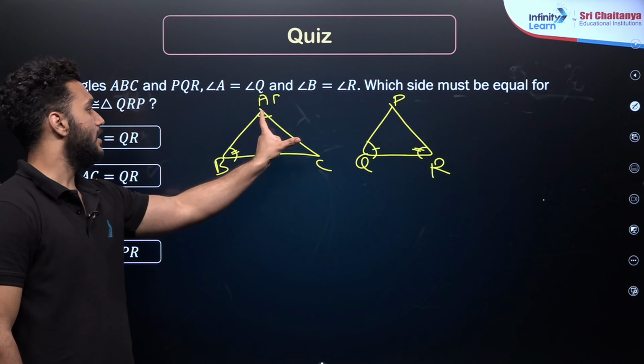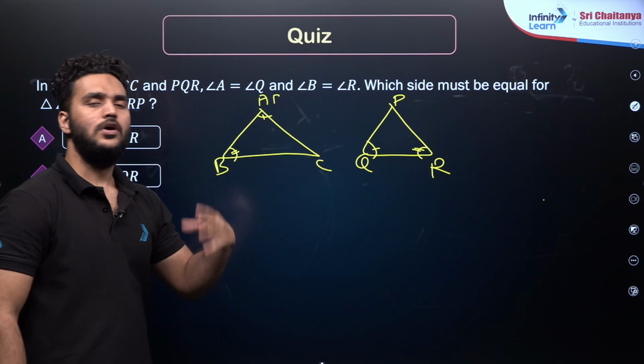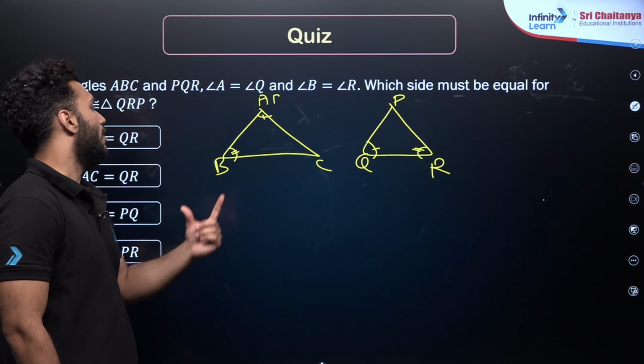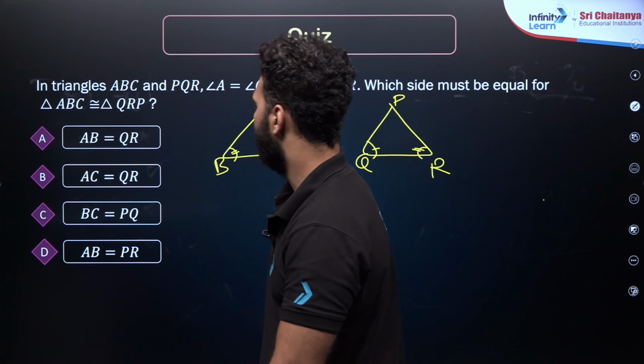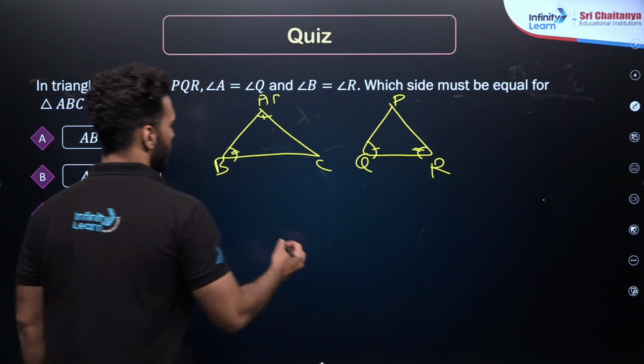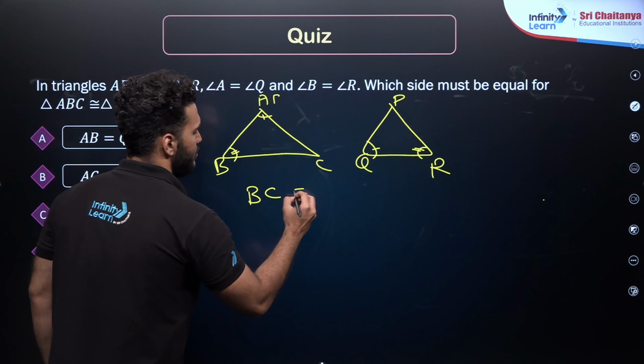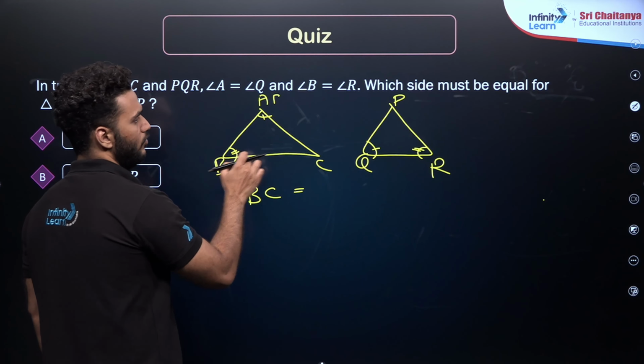If you prove that AC is equal to PQ, from AAS you can prove it. Or if you prove that AB is equal to QR.